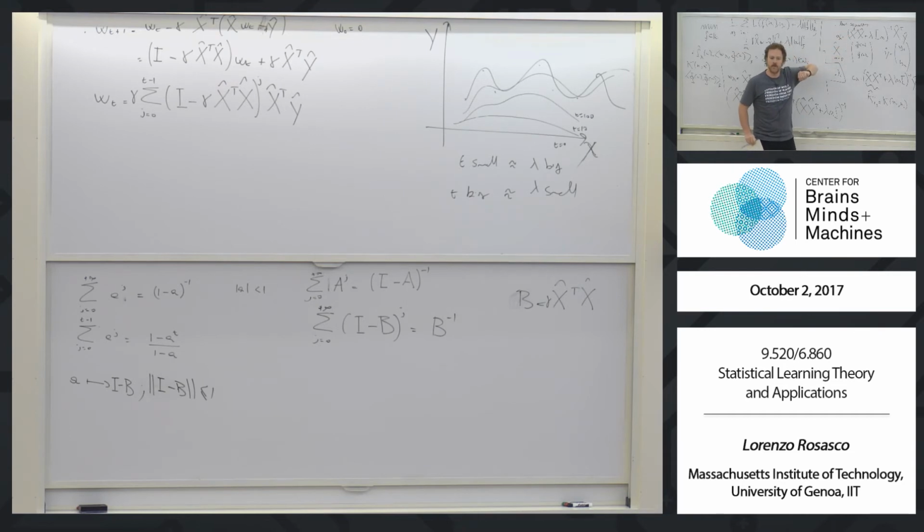Close to not invertible, then from a numerical point of view, what this method is doing is saying, oh, I'll just put lambda, okay? So I make it invertible.